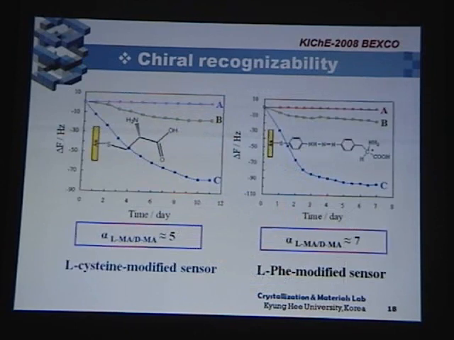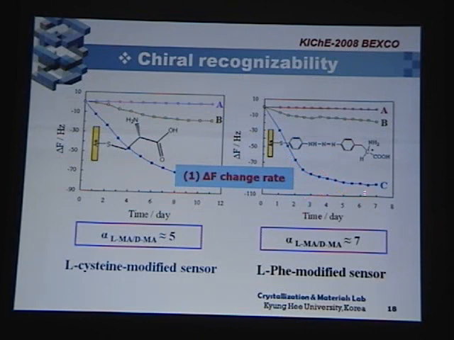So comparing these two results obtained on the L16 modified surface and the alpha-anion modified surface, we can find two differences. The first one is that the frequency change rate is different. The frequency change rate for mandelic acid on the L16 modified surface is much slower than that obtained on the alpha-anion modified surface.